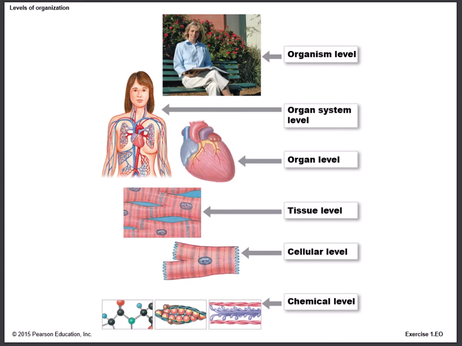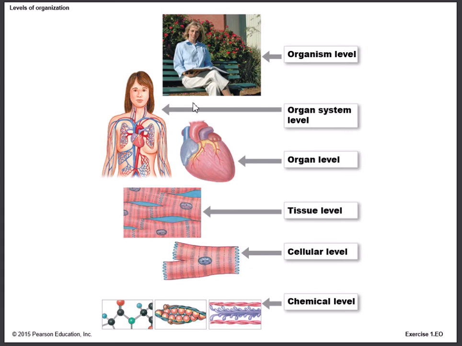If we take organs that share function, we then create the next level known as the organ system. We take organs that are associated with the heart, maybe the blood and the blood vessels, and we put them together. We now get the system which would be called the cardiovascular system.